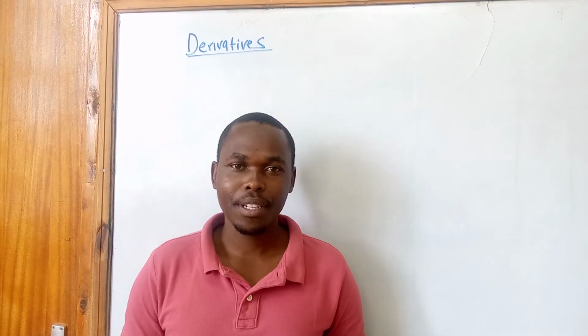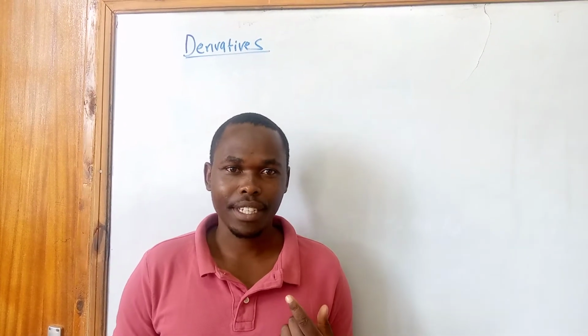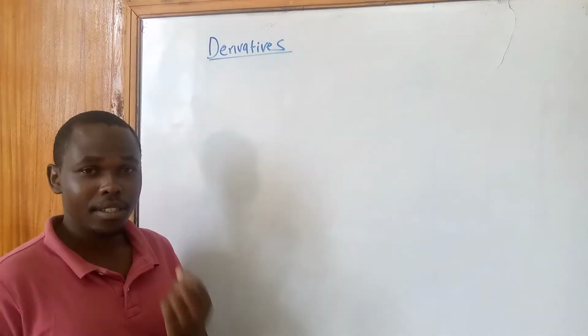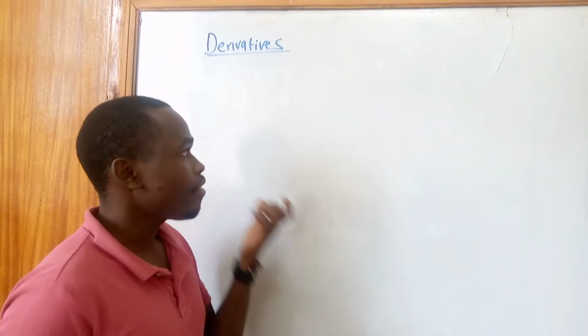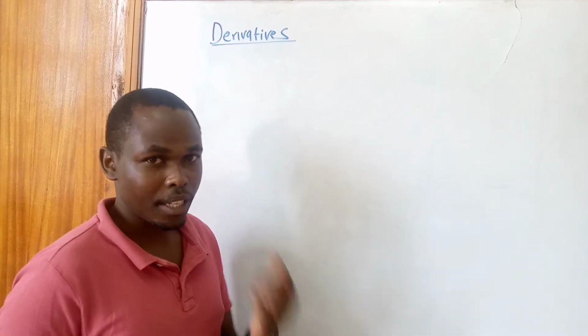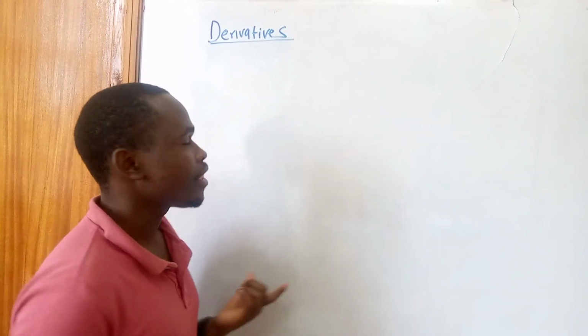Okay, today I'm going to present to you about the derivatives. First, if you have been told to find the derivative of any given function, we have a formula which is called the first principle on how to do the derivatives.